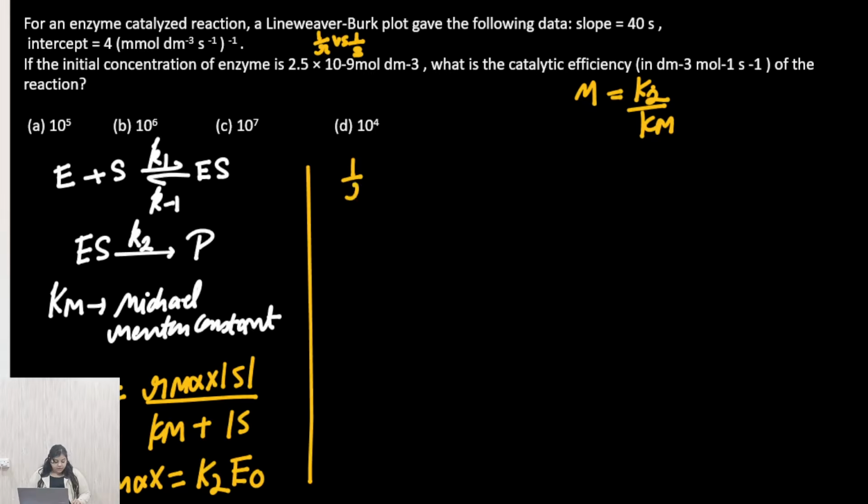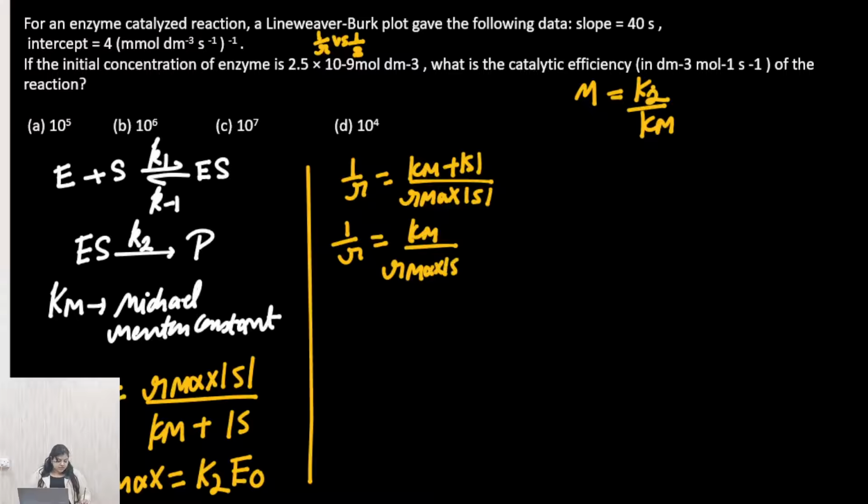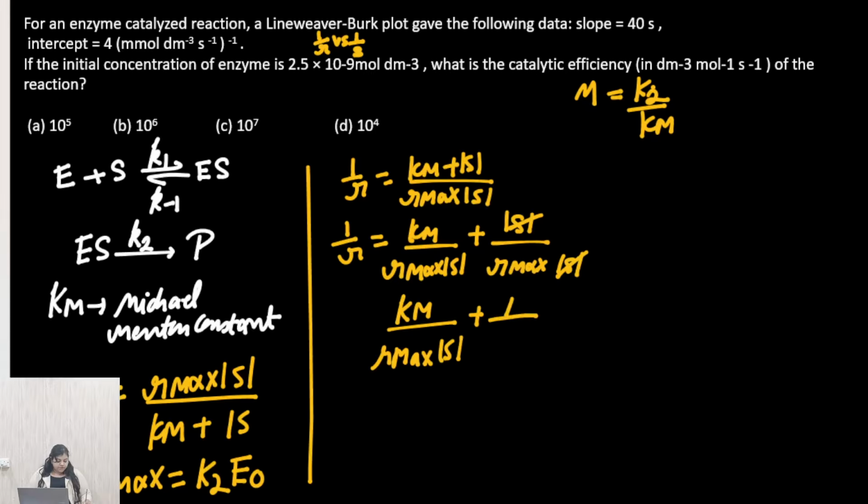It will become 1 by R equal to Km plus S upon R max into S, right? So this will be equal to Km upon R max into the substrate S plus S upon R max into S. This S and this S will get cancelled out, which becomes Km upon R max into S plus 1 upon R max. This is equal to your 1 by R, right?